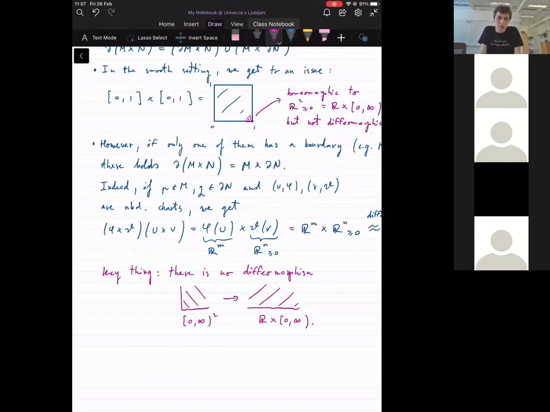That's the whole reason why such things as Stokes' theorem are a little bit tricky to prove. Not everything is obvious. You have to somehow make sense of this boundary and orientations on this boundary and so on.